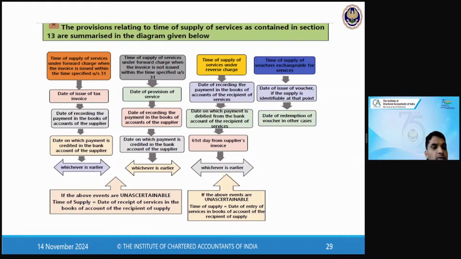So when they say provision of services or date of receipt, whichever is earlier, we'll go back to the date of provision of service and we will disregard the date of invoice. Why? Because they have issued the invoice late. In the above events, if the above events are unascertainable, then the time of supply will be date of receipt of the services in the books of account of the recipient of supply.